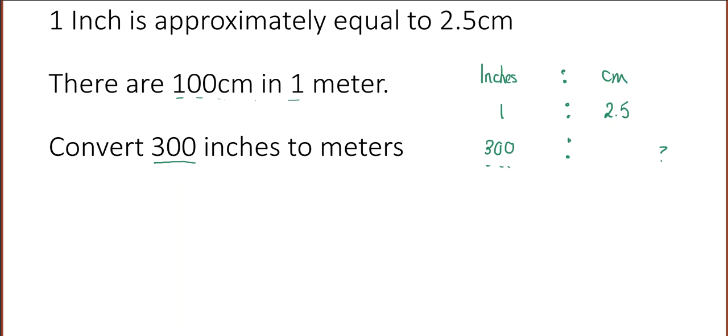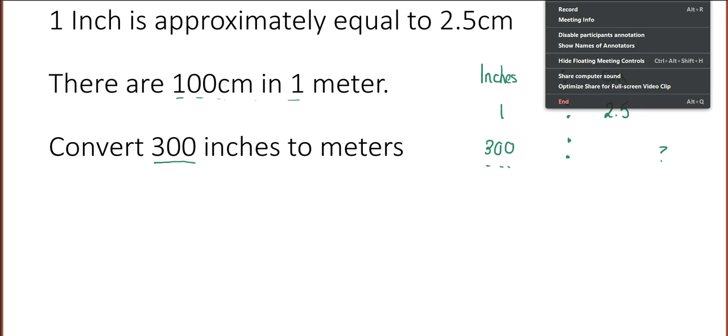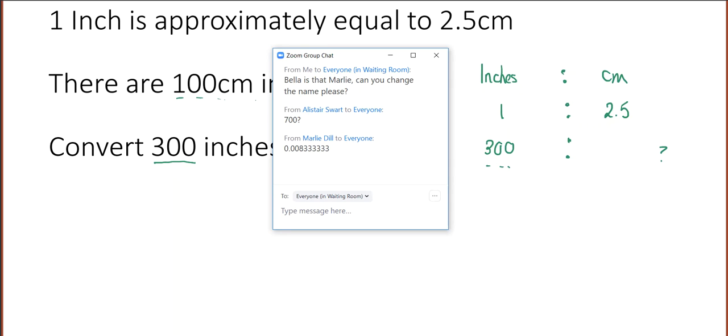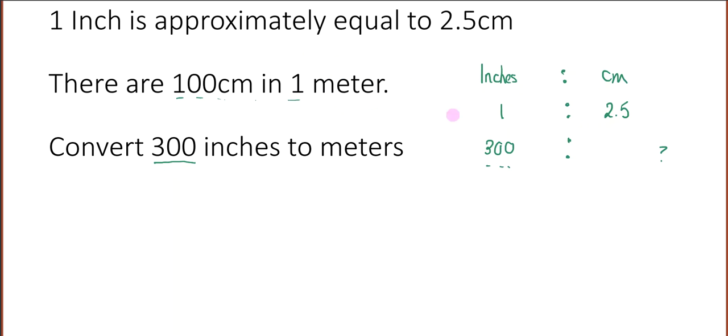I've got an answer, but what do you do, Alistair? Multiply, isn't it? What do you multiply by? But multiply 2.5 by what? 300 again, isn't it? So 1 multiplied by 300 is 300. So we have to multiply by 300.